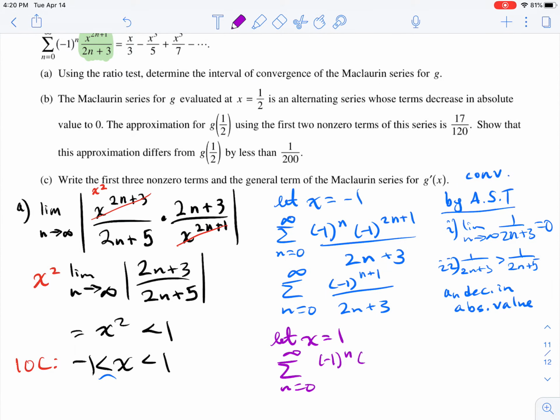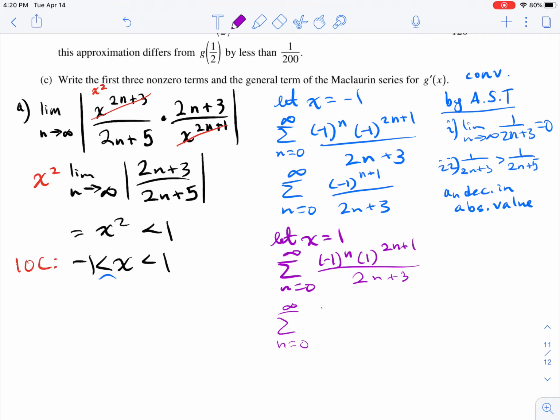And that should clean up quite nicely to just (-1)^n over 2n plus 3. And again, same test. It's going to be pretty obvious to us that it's going to converge by the alternating series test for the same reasons that we said above.